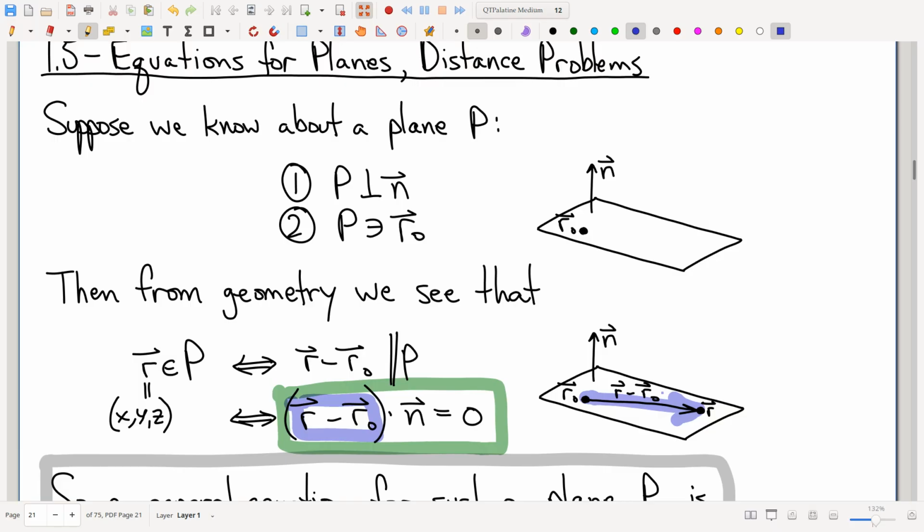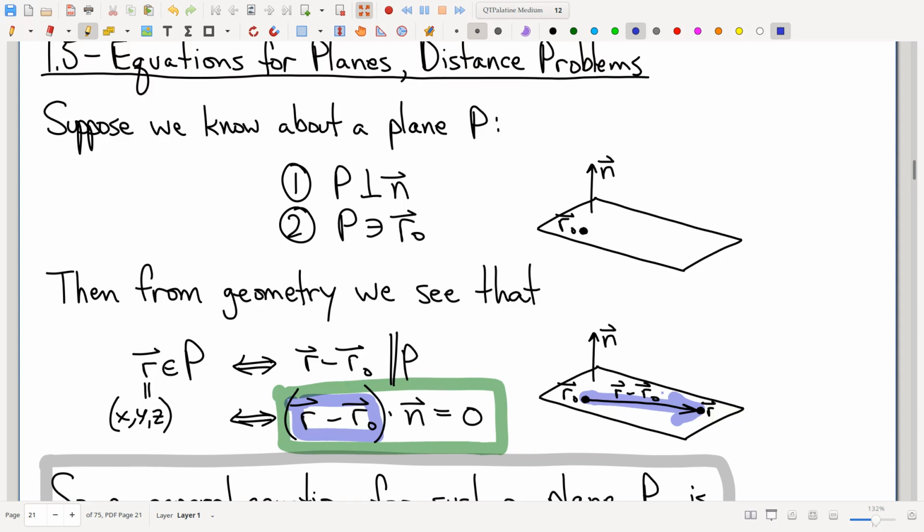Did I blow it? The way we address that is we just ask the question, if R was R0, if I wanted to test whether R0 is in the plane or not, what should the answer to that question be? Well, it's given to be in the plane. So I want R0 to pass the test. R0 has to pass the test.